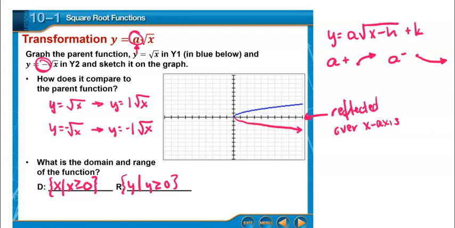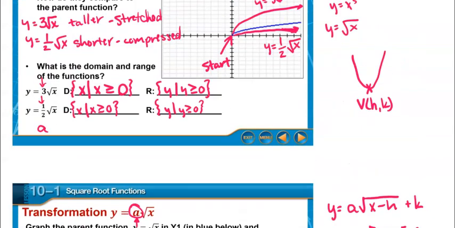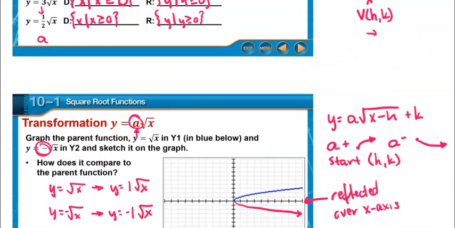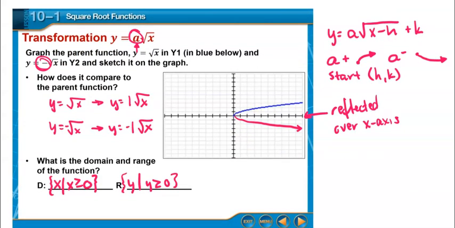And then the starting point of this is also at h, k, just like we had, let me fix that to be an h. When we talked about the vertex, the vertex was h and k, and this is the thing we looked at for our left, right, up, down transformations. This time we look at the starting point of the root graph to be our transformation point.